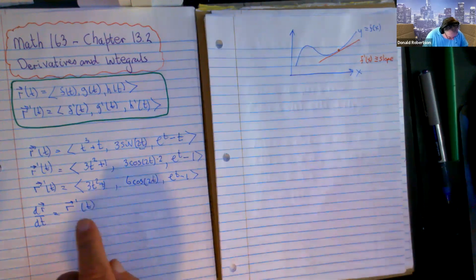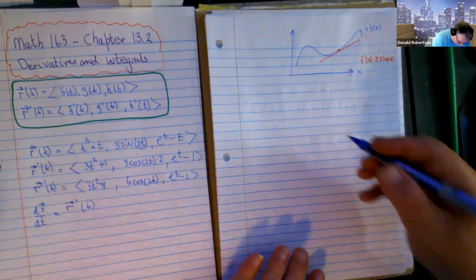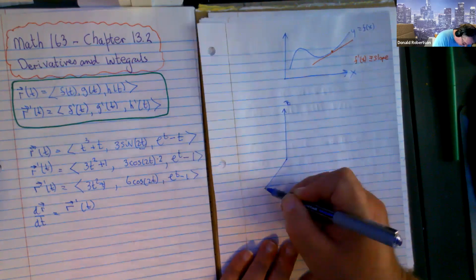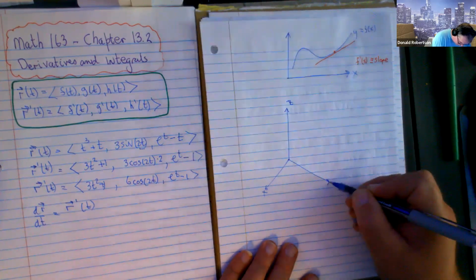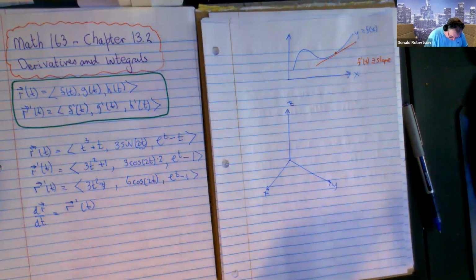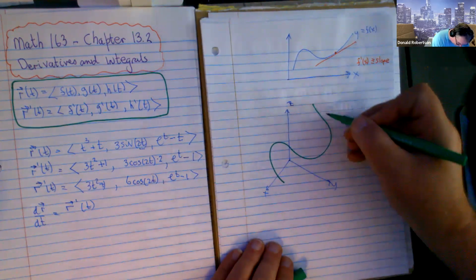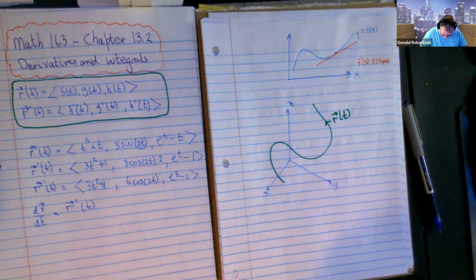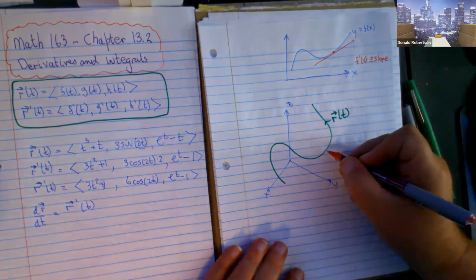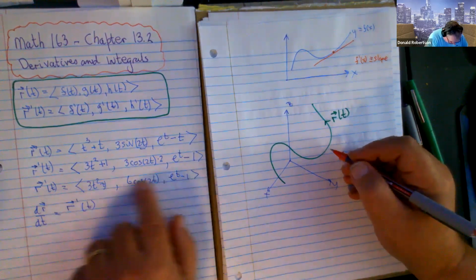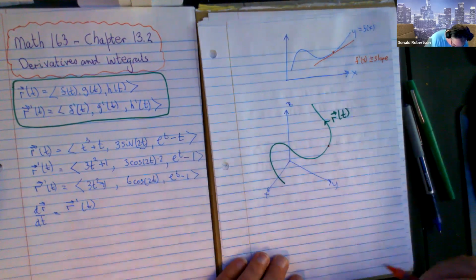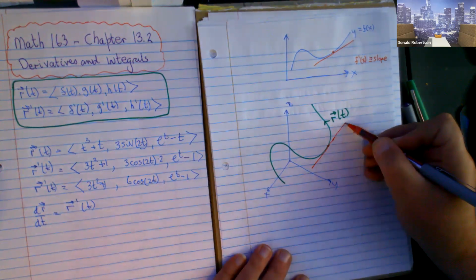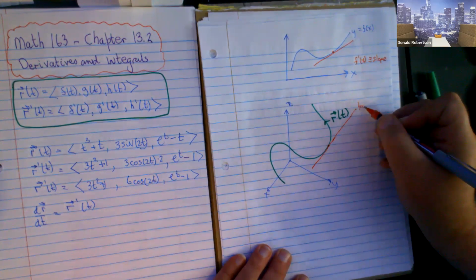Now, what does that look like in a 3D world? Well, it's a little bit more complicated what you're actually getting. So imagine we have our x, we have our y, and we have our z. And let's imagine that this is the space curve, r of t. If you choose any point and you use the derivative function, so let's suppose I take that point there, what I am getting is not the slope of this line, which is also called the tangent line.